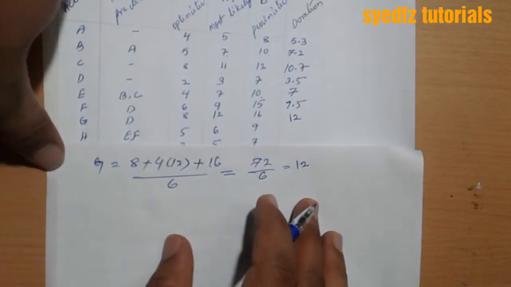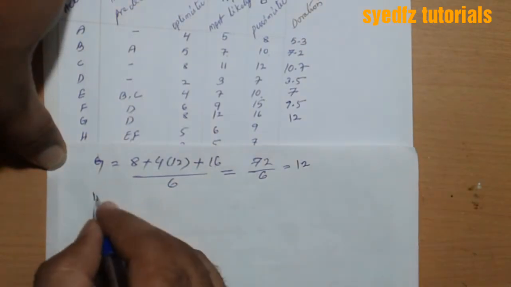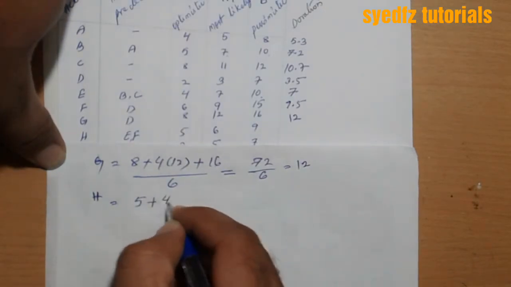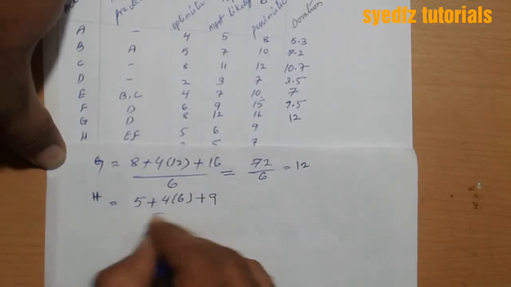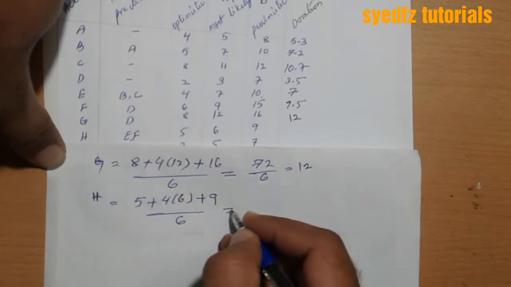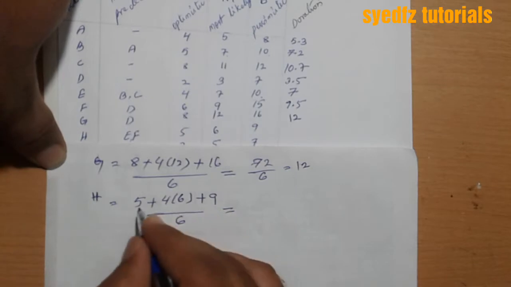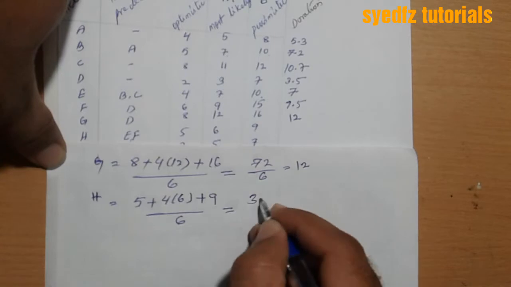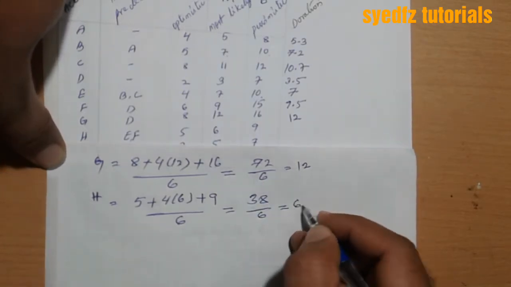Now H. Five plus 4 times the most likely 6, plus 9, divided by 6. 24, 29, 38, divided by 6 is 6.3.